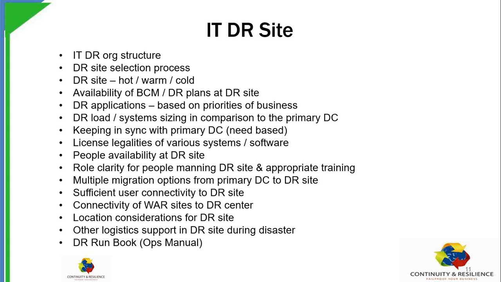Your warm site would probably have most of the infrastructure available. You might have your servers and the OS, but you might not have installed the applications there, because if you install them, there will be licensing issues. So you'll have everything available, but maybe not even the OS, and you will start building.